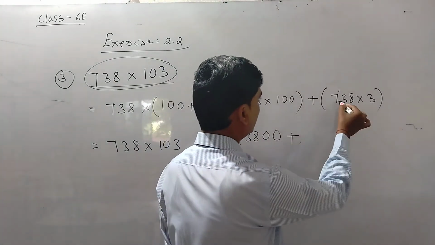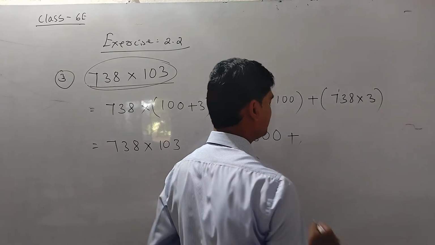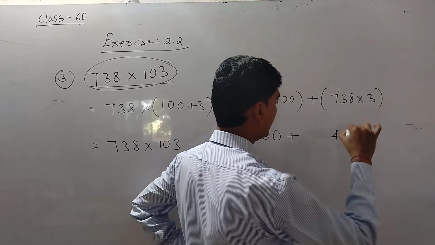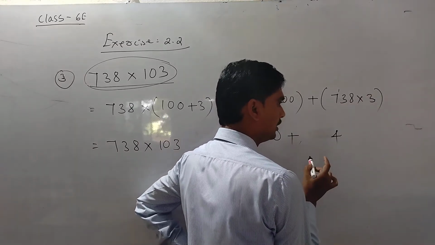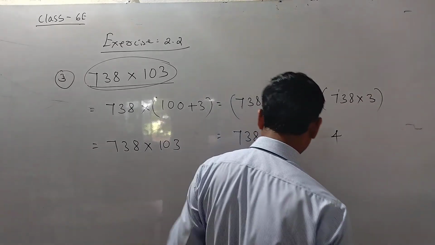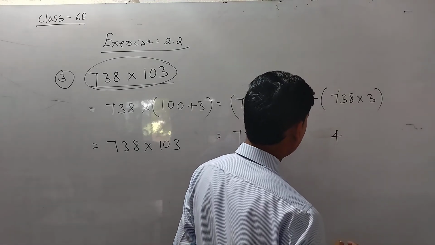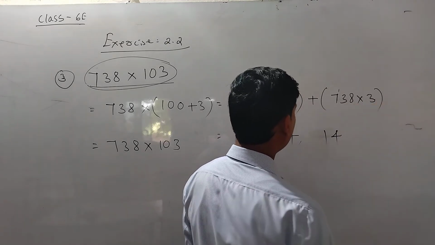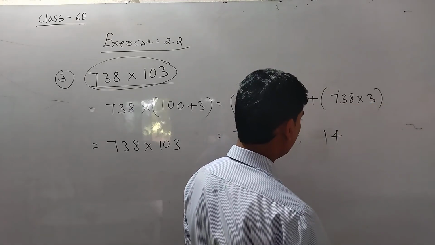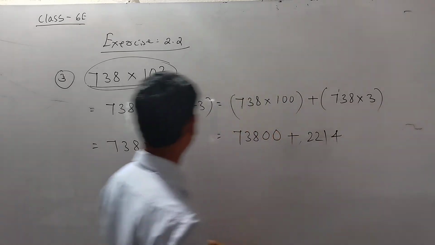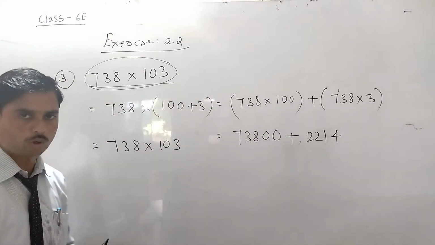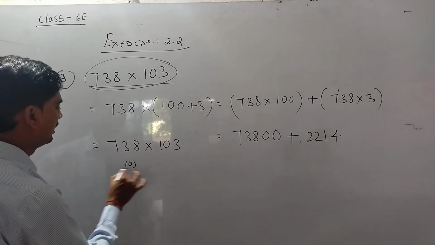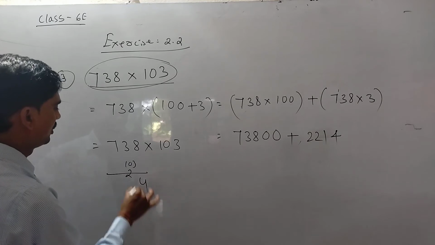Then plus 8 threes are 24, 2 carry, 3 threes are 9 plus 2, 11, 1 carry, 7 threes are 21, 1 carry, 22. Then here you should solve the problem, okay? First of all, you should write here 738, 2214.